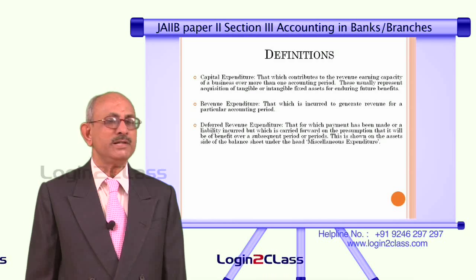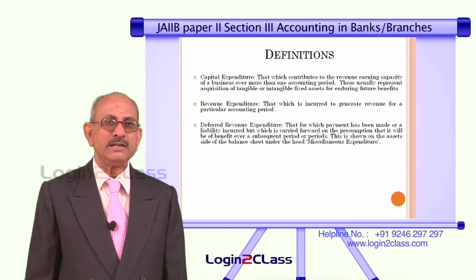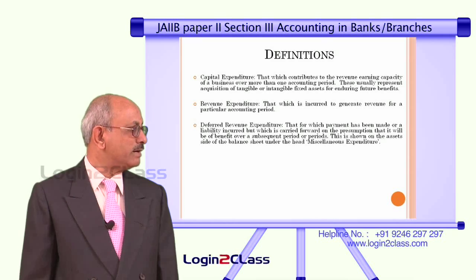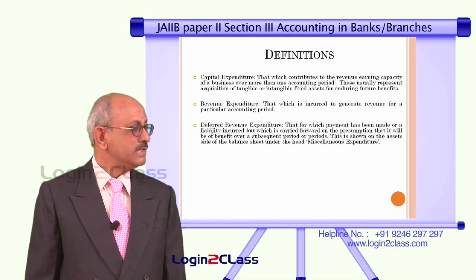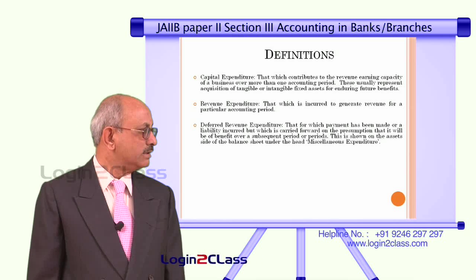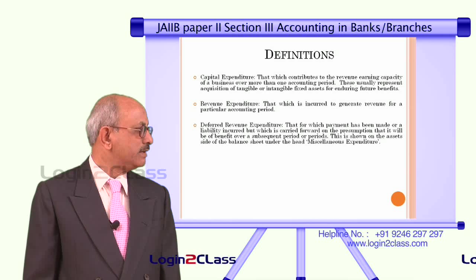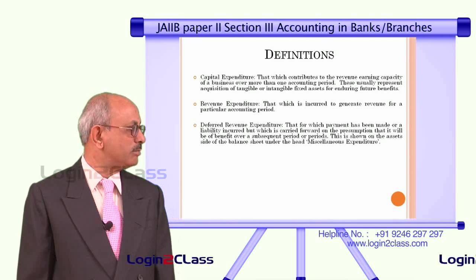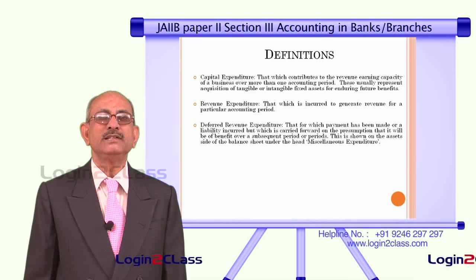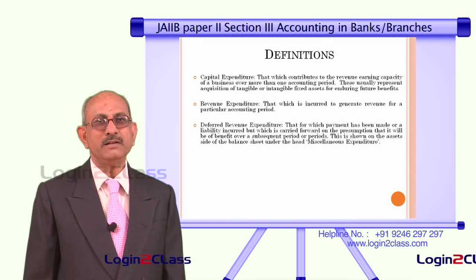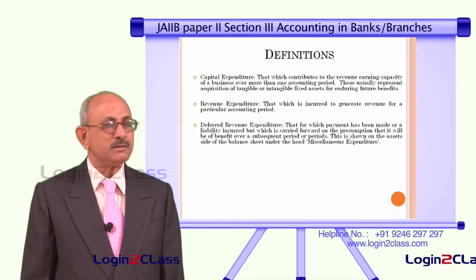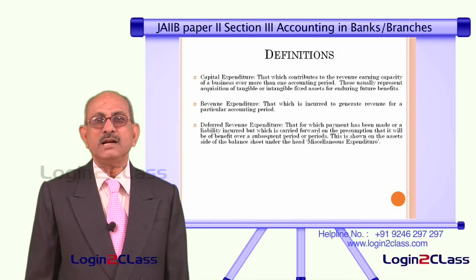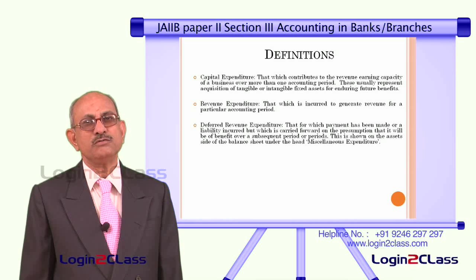And deferred revenue expenditure, like we considered in the earlier cases, is defined as that for which payment has been made or a liability incurred, but which is carried forward on the presumption that it will be of benefit over a subsequent period or periods. This is shown on the asset side of the balance sheet under the head miscellaneous expenditure. Normally, we give the example of advertisement expenditure, which is incurred, the benefit of which will extend to further periods.